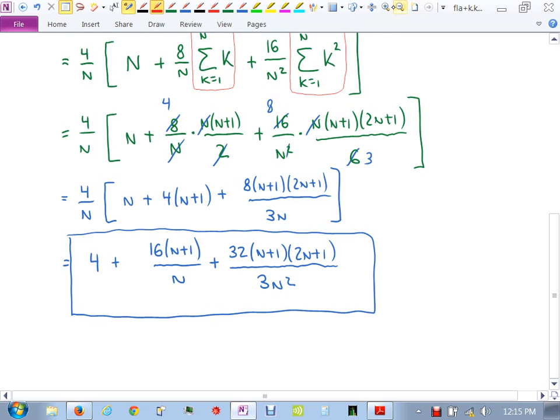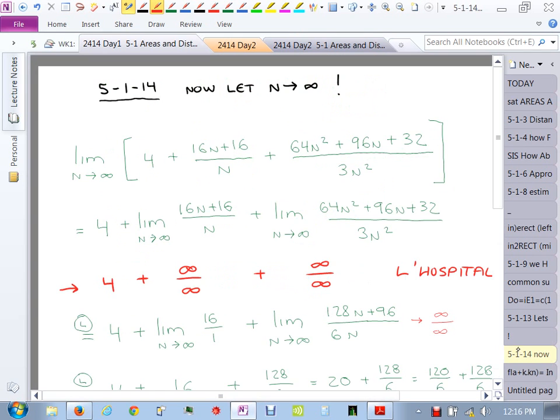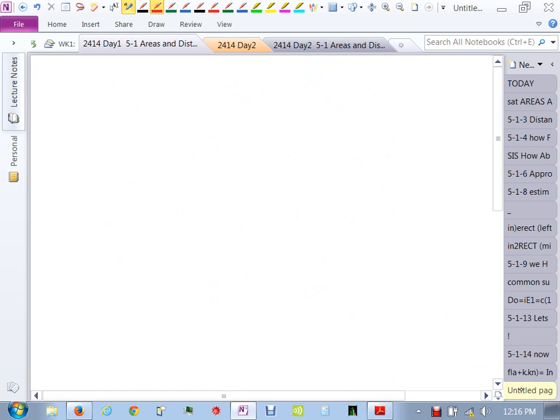So in the next step, let me see if I put a slide here for it. Nope, I didn't. So I'll start out. So now, to get the true area, we let n go to infinity on the formula we just found.